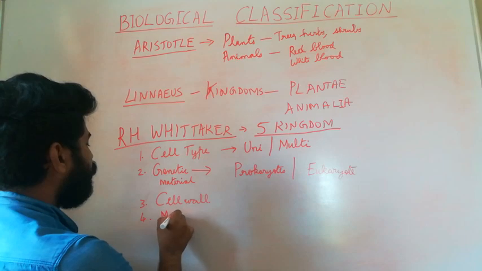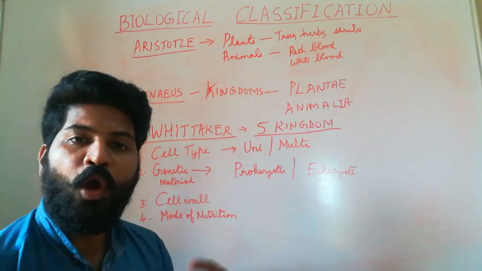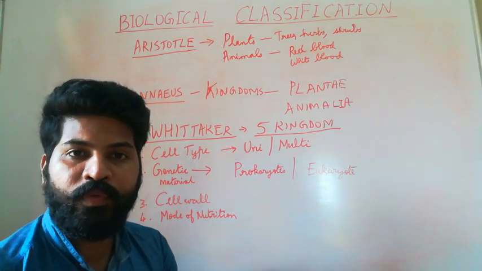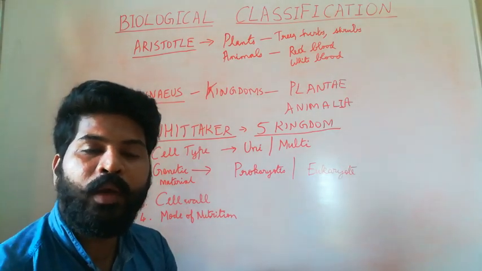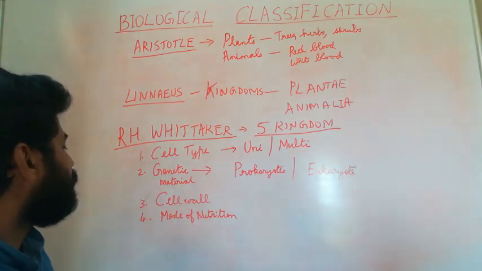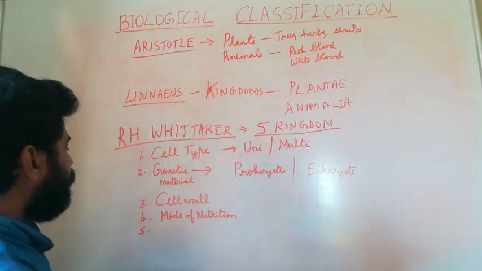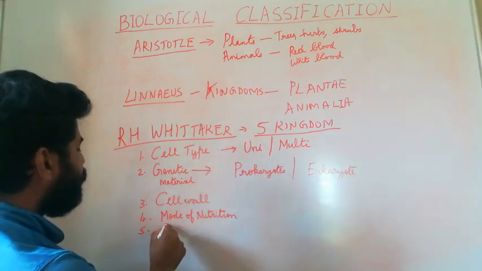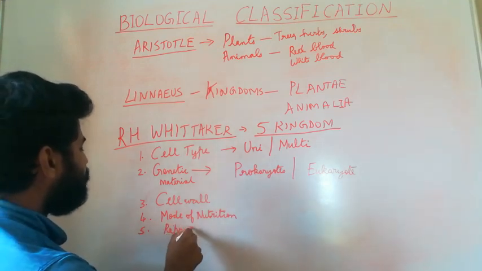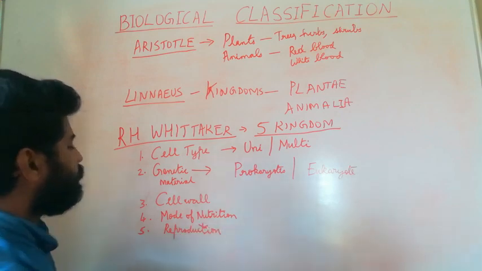The mode of nutrition, whether organisms are autotrophic or heterotrophic, or whether they belong to another group, that is symbiotic, all these were also considered. And sexual reproduction was also considered for classifying the organisms.